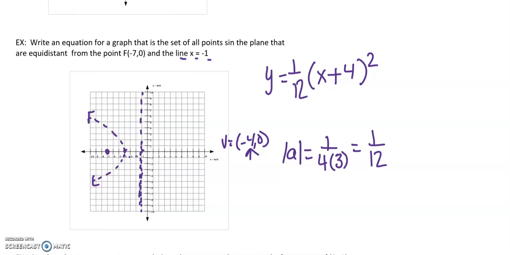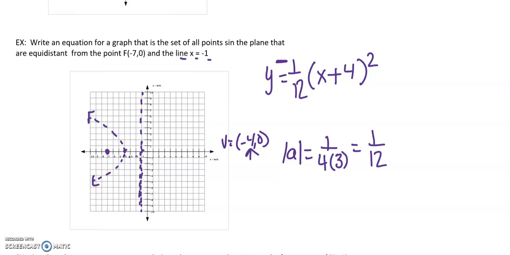The parabola is opening to the left, which is negative. So my equation for this graph, with a focus point of -7, 0 and a directrix of x equals -1, is y equals, ooh, did I do that wrong? Did somebody catch that?